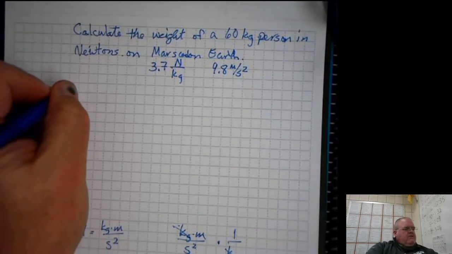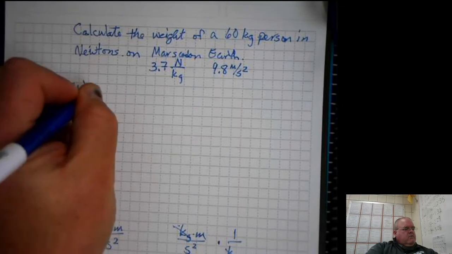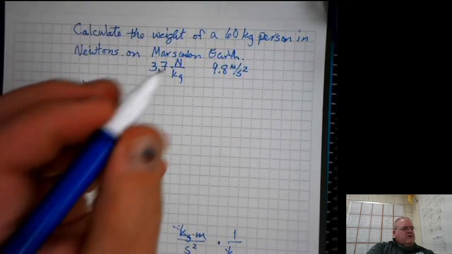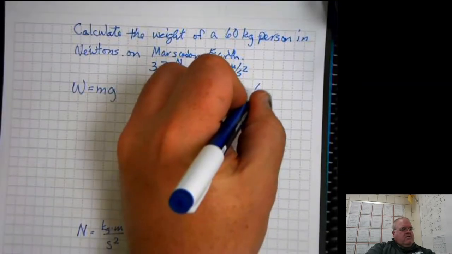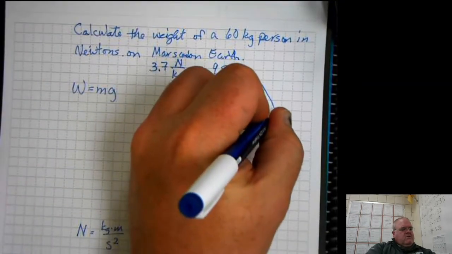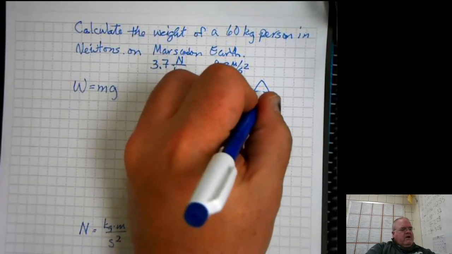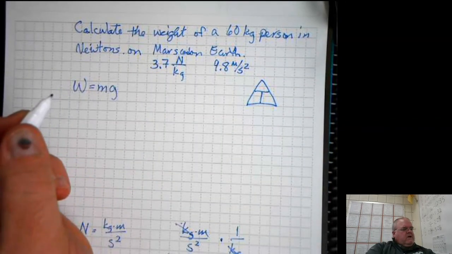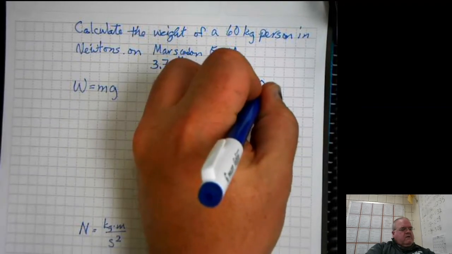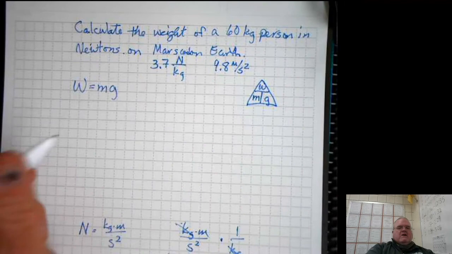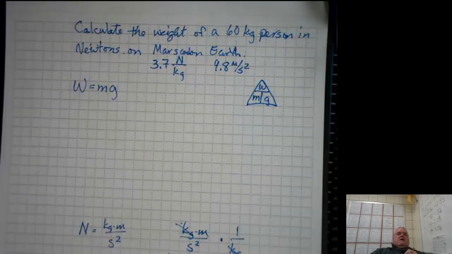What I know is that weight equals mass times g, the acceleration due to gravity. If you remember, we can use our math triangle here, and we can say that weight is equal to mass times gravity. So we can set our triangle up like that.